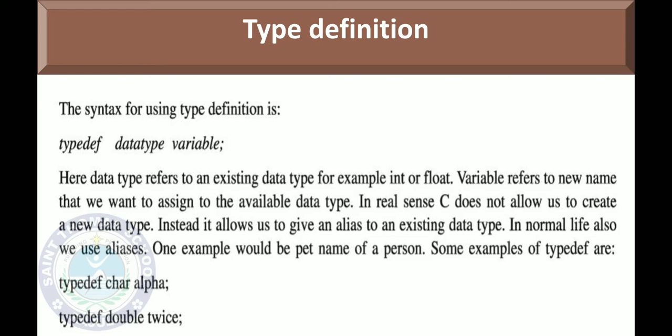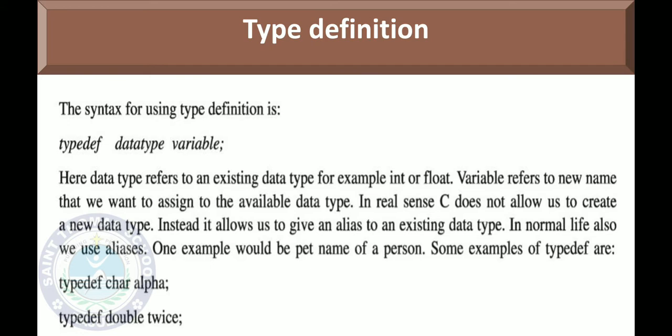Just as we have pet names at our home, our friends call us by one name and our parents call us by another name, same as a pet name we are giving to our original data type. Here the data type refers to an existing data type, for example integer or float. Variable refers to the new name that we want to assign to the data type.